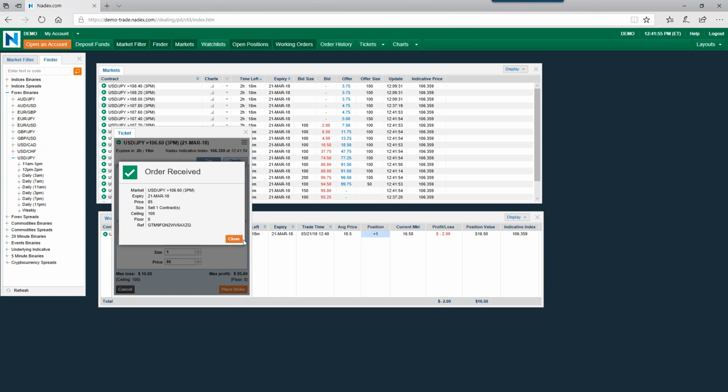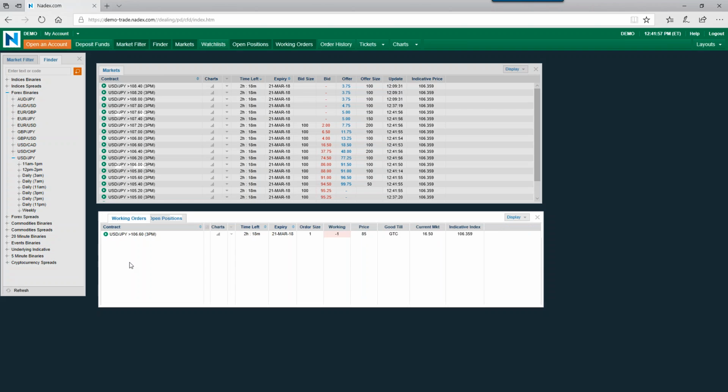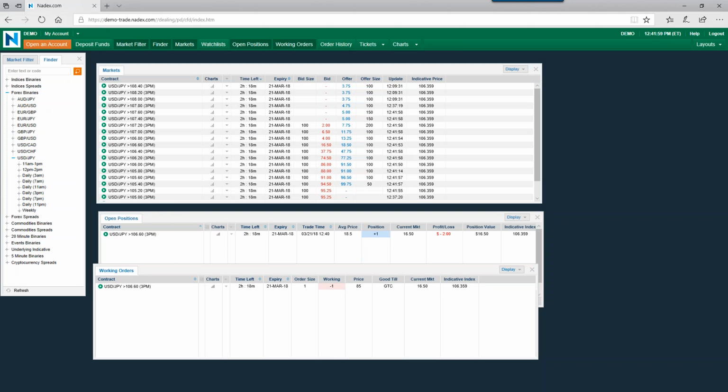And I simply set the order, and now you can see I'm in the market and I have an order at $85 to take me out. Does everyone understand that? It does not mean it will automatically be filled, okay? What has to happen is the bid price has to reach 85, and there has to be sufficient buyers and sellers in the market, okay?